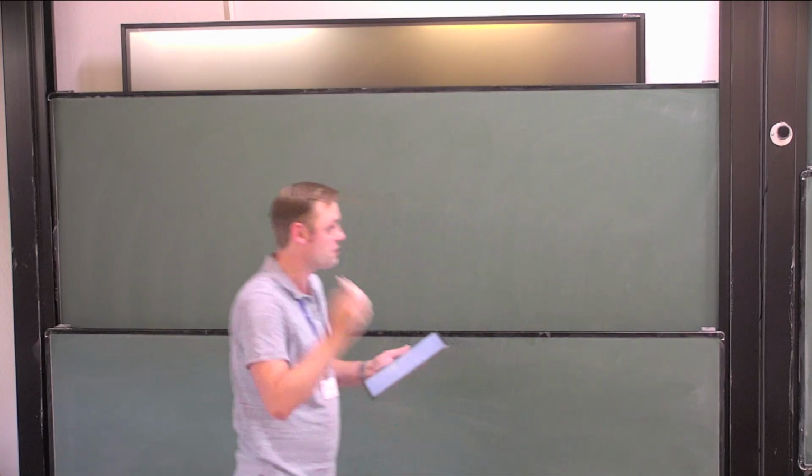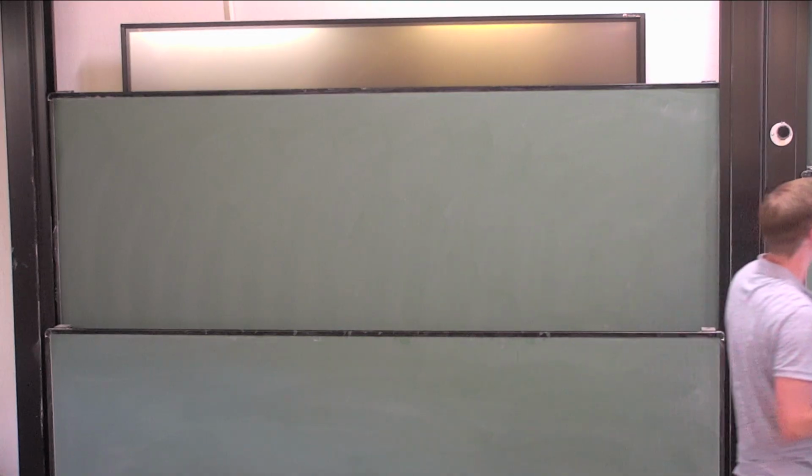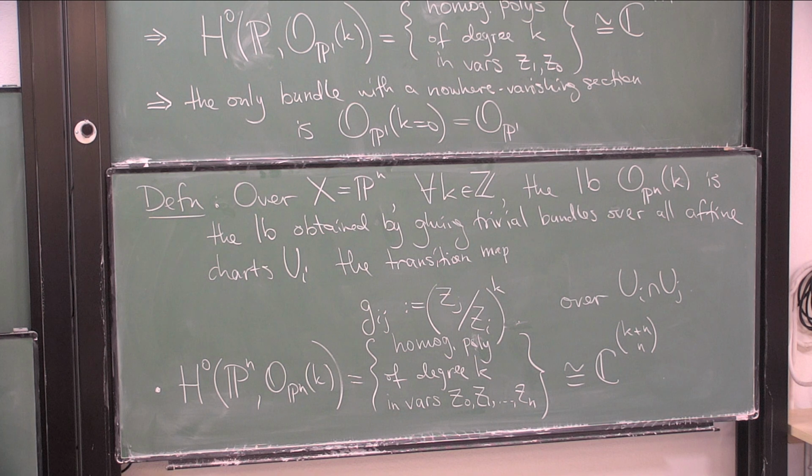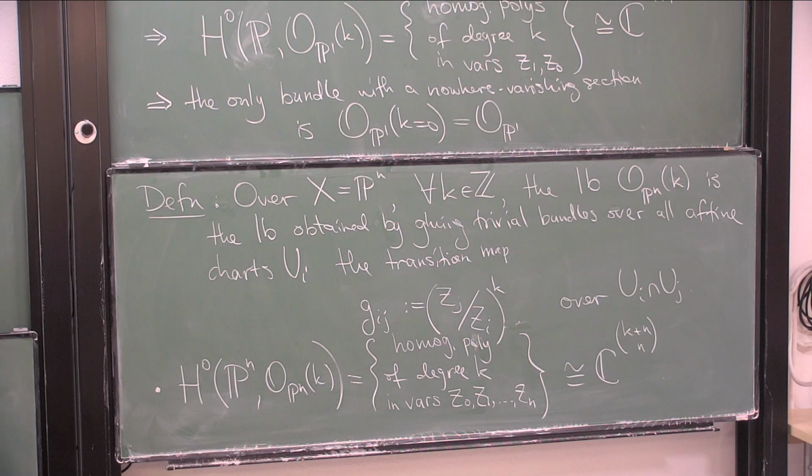Okay, so let me give you a couple of other things that are worth knowing about these O of K bundles, something that we'll use. They have a kind of multiplicative property which makes the notation really sing.